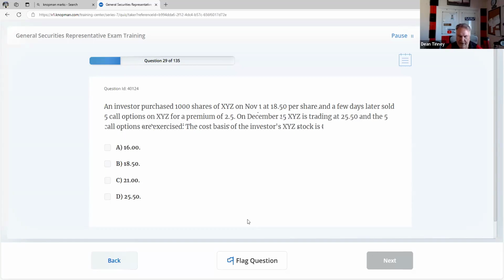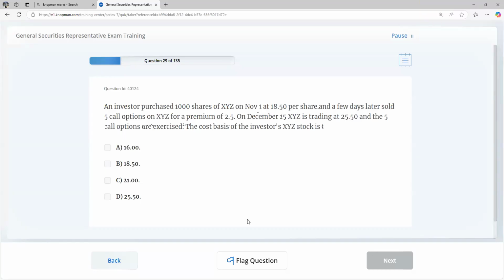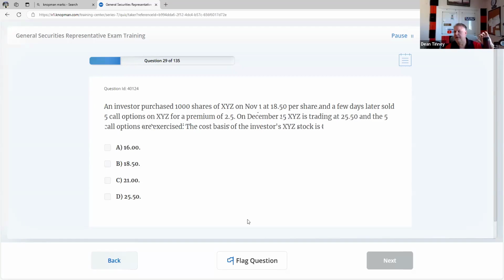On December 15th, XYZ is trading at 25.50 and the five call options are exercised. The cost basis of the stock is... this is a tough one. Okay, purchases 1,000 shares on November 1st at 18.50.